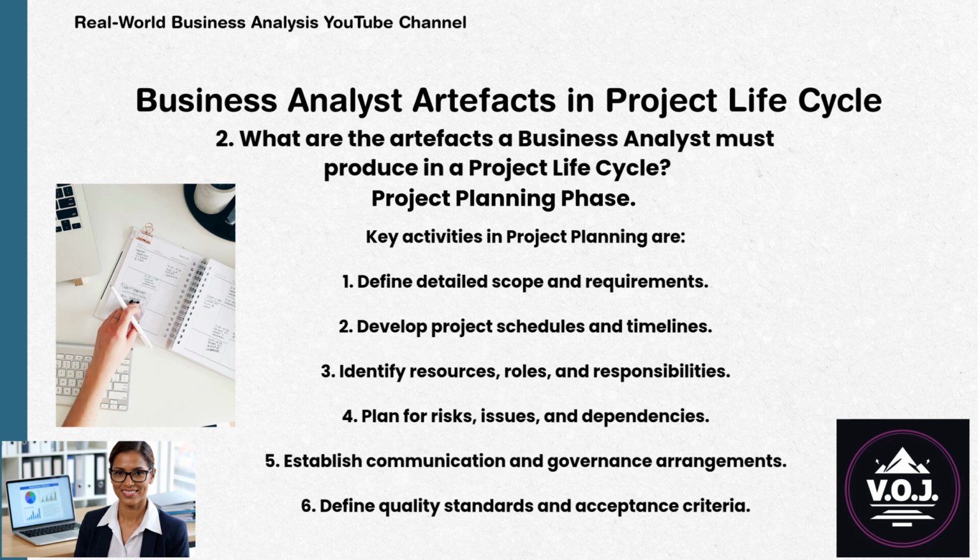Develop project schedules and timelines. 3. Identify resources, roles, and responsibilities. 4. Plan for risks, issues, and dependencies. 5. Establish communication and governance arrangements. 6. Define quality standards and acceptance criteria.